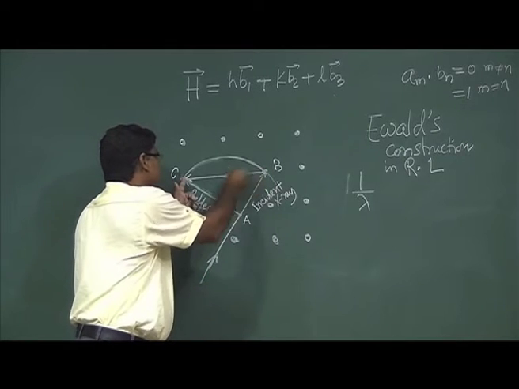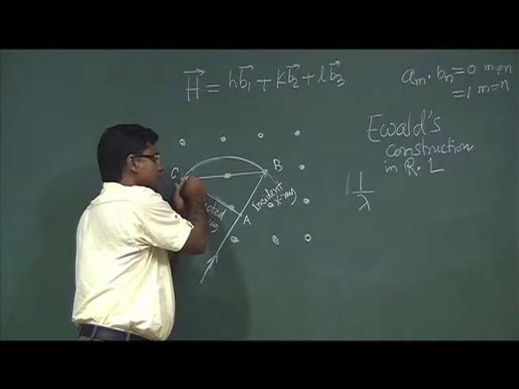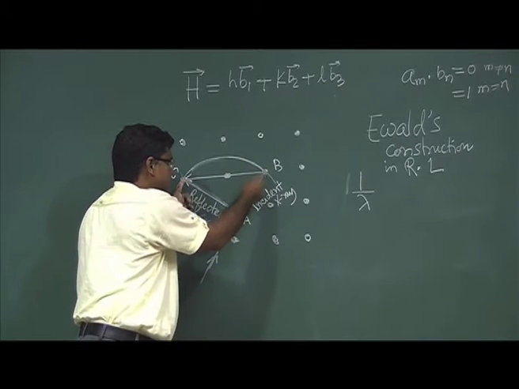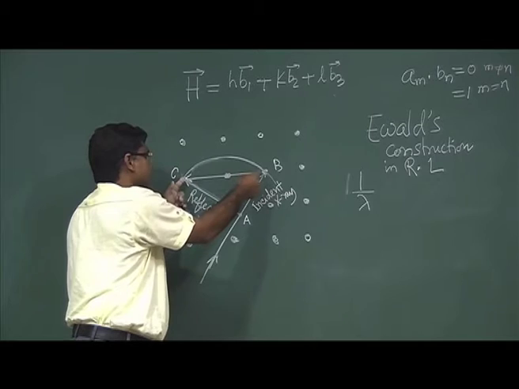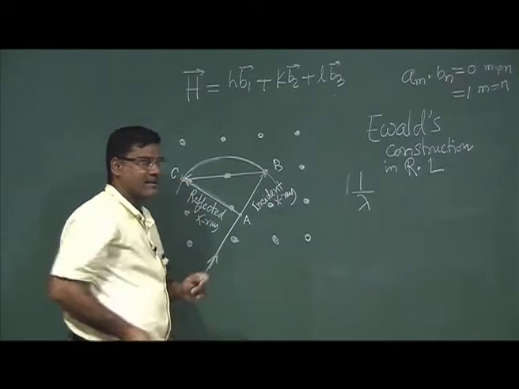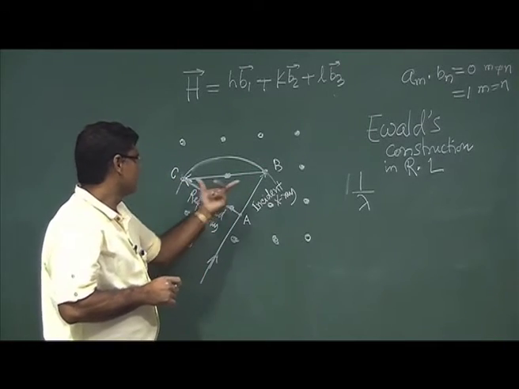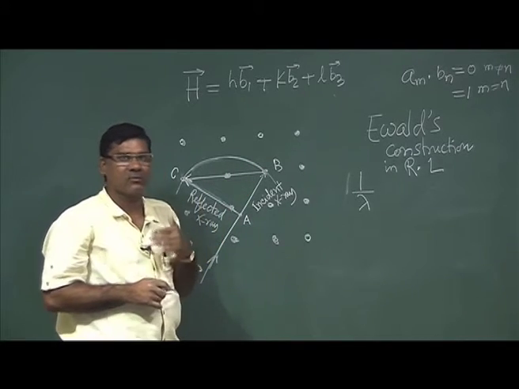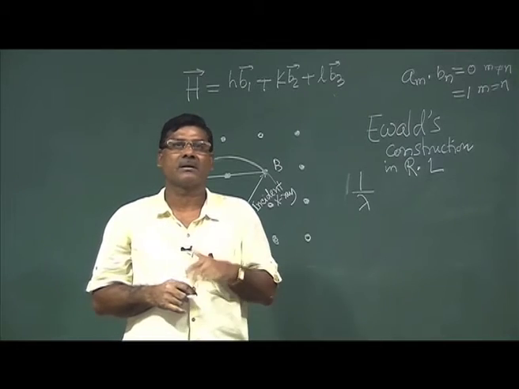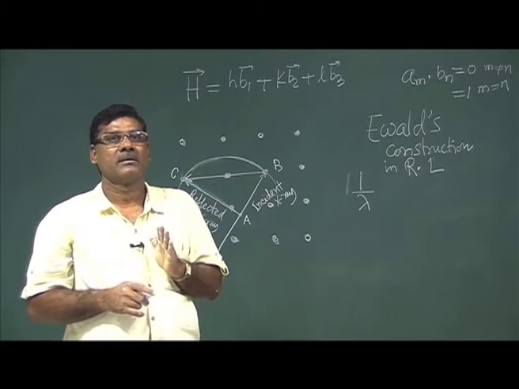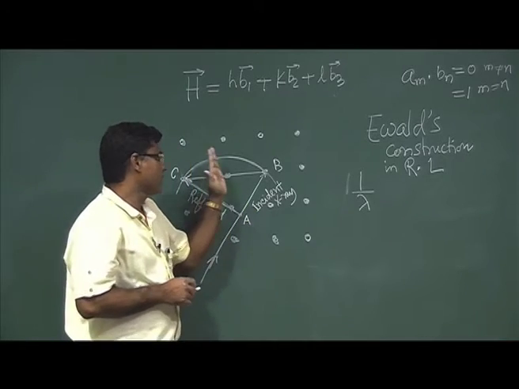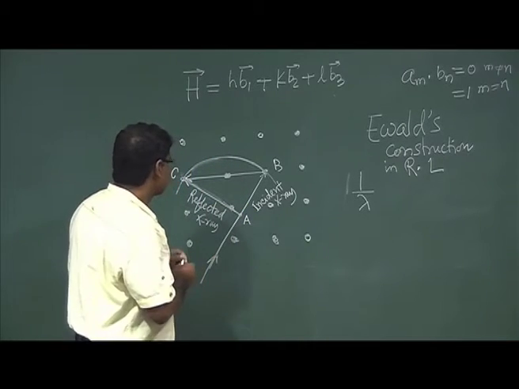then if you connect these two, just the end of the incident X-ray and the reflected X-ray, then that will be here BC, that will be the perpendicular or normal to the planes.